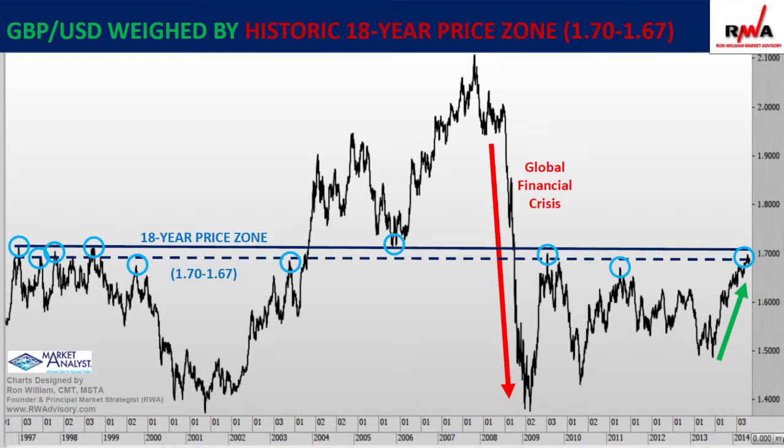This 18-year price zone on sterling versus the US dollar, cable, is at 1.70, 1.67, and not so long ago we actually ticked just above 1.17. We're back to kind of multi-week lows, as you said, also against cable. So it's a similar reflection of what we saw on the first chart, a broad measure of the pound, and here against the dollar we're seeing a similar but even stronger resistance.